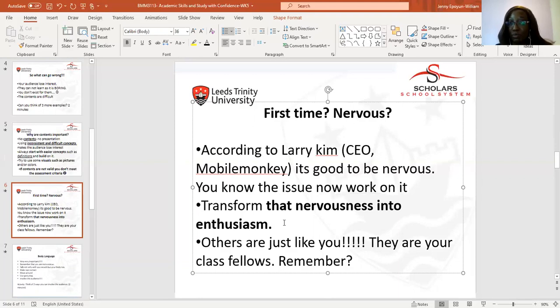Or even if you've met them before, you're presenting to them about something that you're passionate about. And always remember that everyone, to a large extent, is like you. They are your classmates in the presentation. They could also be nervous as well.